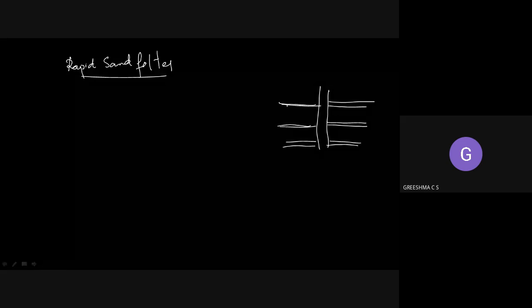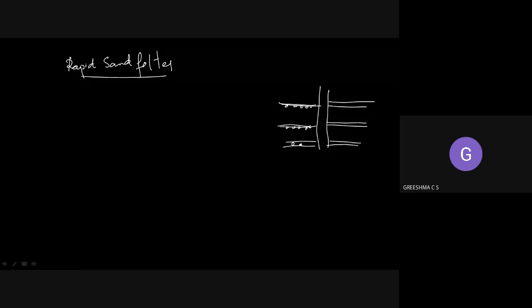Each lateral has 5 perforations: 1, 2, 3, 4, 5. These are the laterals and the perforations in them. Yesterday we were finding the area of each lateral.